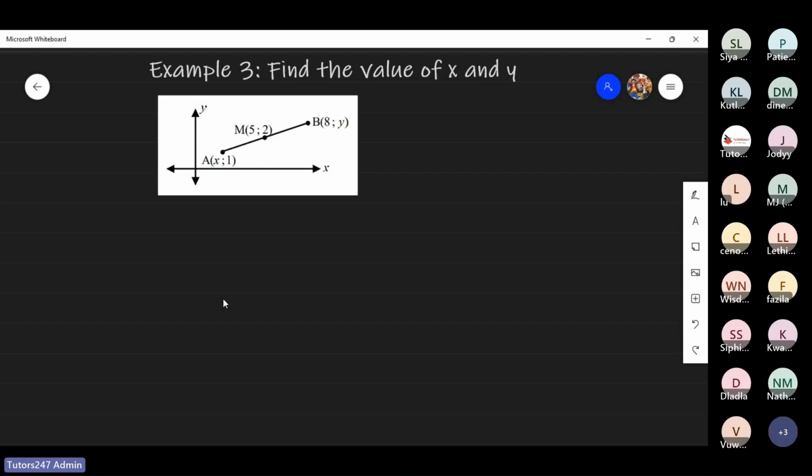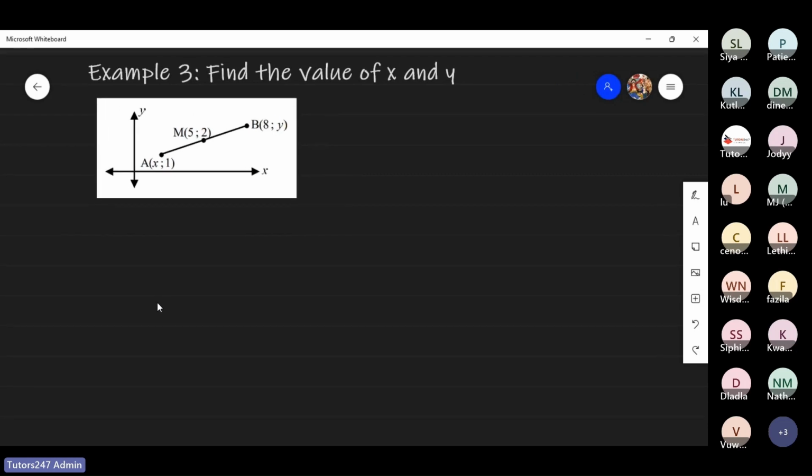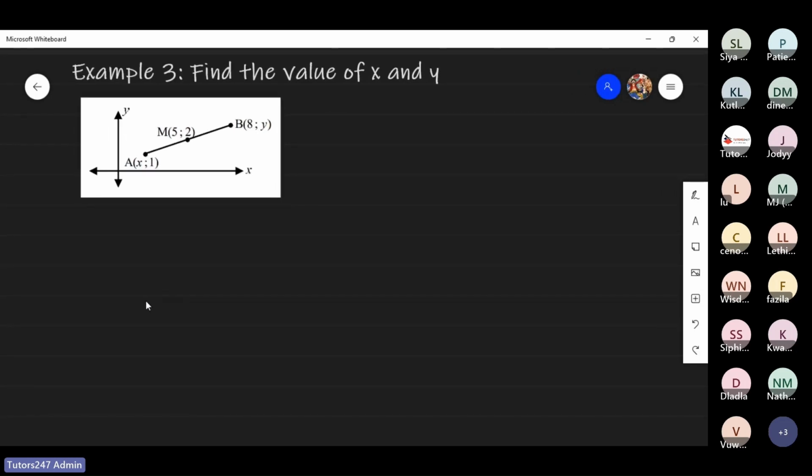Our end points are A and B. Now with A, we've got X missing. With B, we've got Y missing. So we now need to use our midpoint formula to try and find X and Y. So just as we previously did, I'm going to write down my coordinates. So A is X and 1, B is 8 and Y.